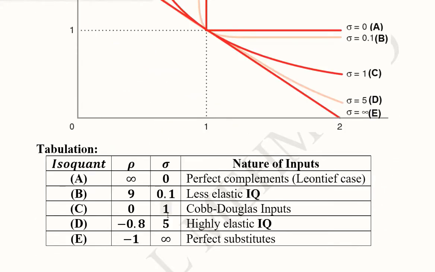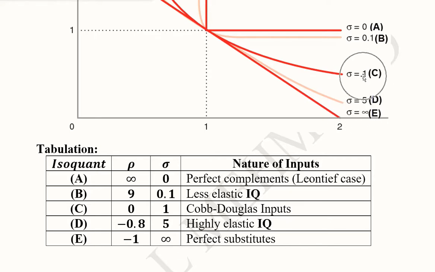And if the Cobb-Douglas case is discussed, then the sigma is 1 and the background rho will be 0. And in case of perfect substitutes, the value of sigma is infinity and in the background the value of rho will be 1.